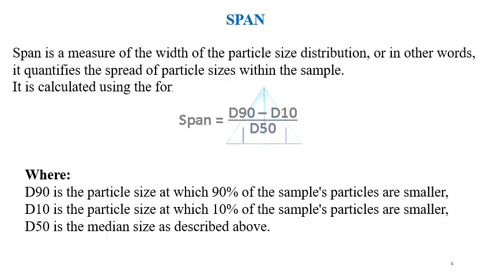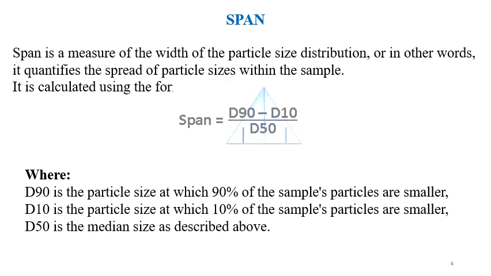Coming to span. Whenever you have the data of particle size distribution, always understand span. Span is a measure of the width of the particle size distribution, or you can say it quantifies the spread of the particle sizes within the sample. It tells whether the powder consists of particles with varying sizes, whether the width of the particle size distribution is broad or narrow.